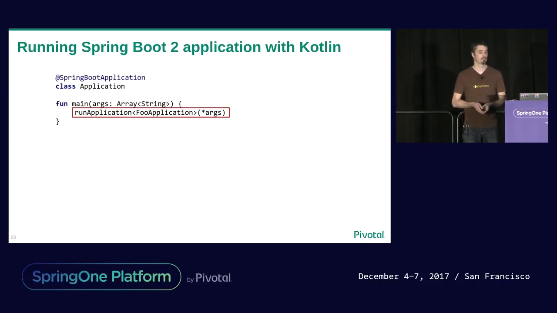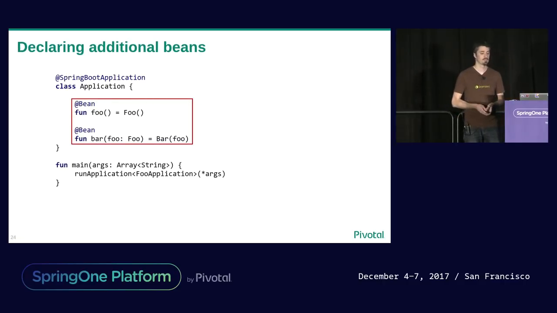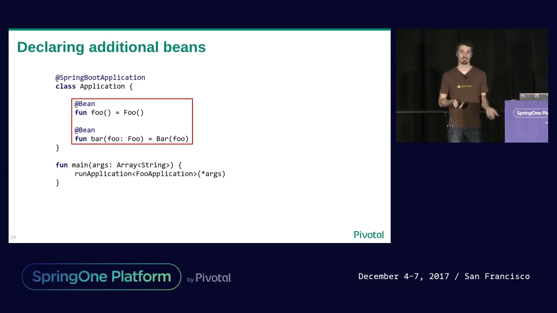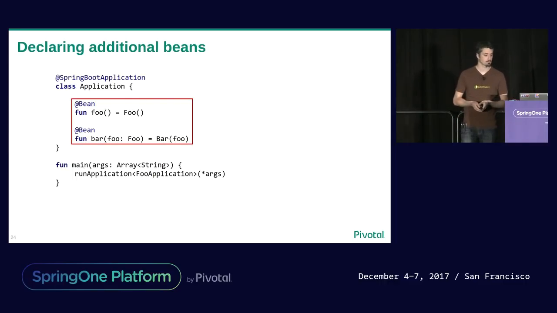So in Spring Boot 2, we provide a top-level function, runApplication, which is specific to Kotlin, and which allows you to just specify the application class, and that's it. So, better looking syntax. You can obviously define additional beans like you do in Java, and you can take advantage of type inference, so the syntax is shorter.